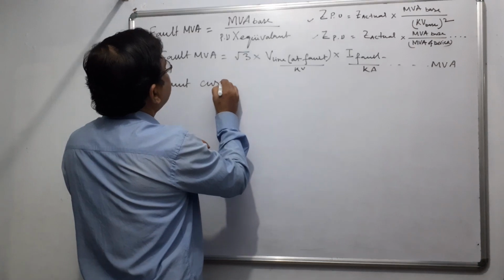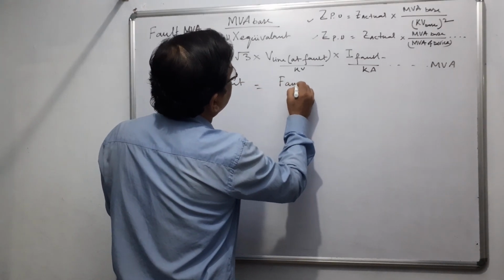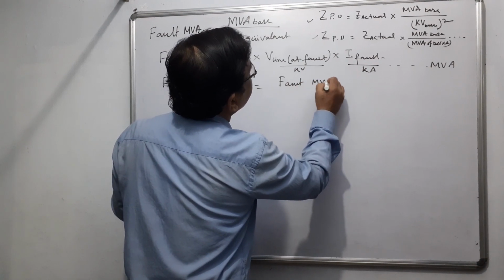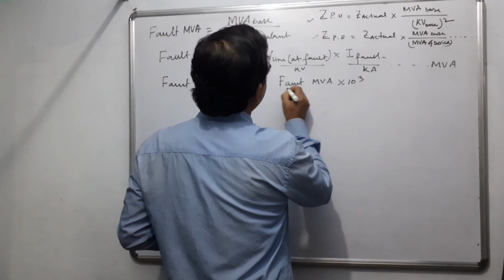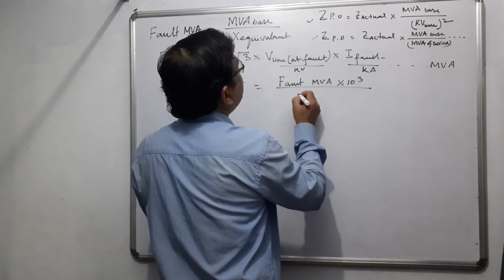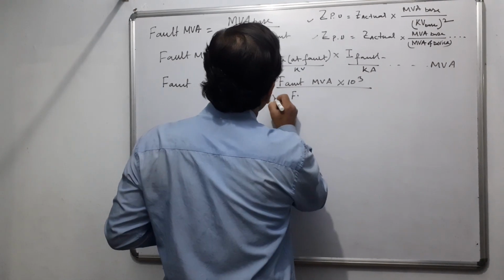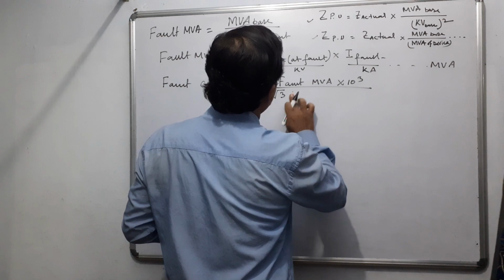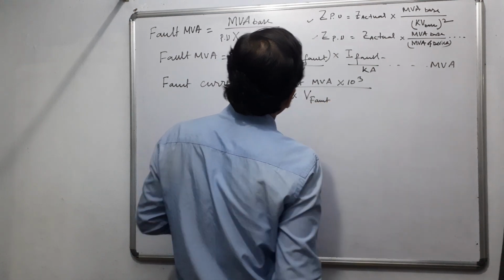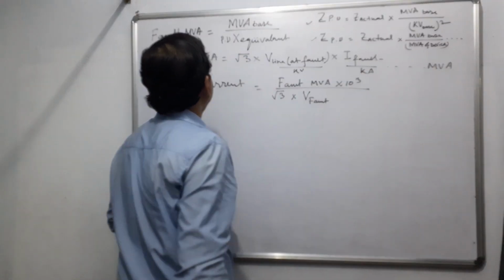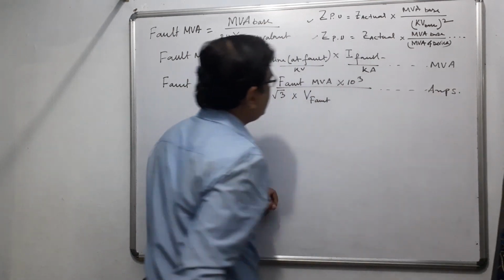Fault current will be fault MVA into 1000 divided by √3 V fault in kV, and then it will be in amps.